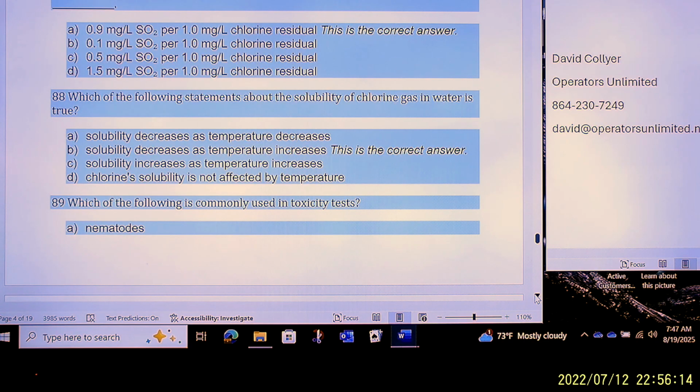C, 0.5 milligrams SO2 per 1 milligram of chlorine residue. Or D, 1.5 SO2 per 1 milligram of chlorine residue. The answer to 87 is A, 0.9 milligrams per liter SO2 per 1 milligram per liter chlorine residual. So 87 is A.